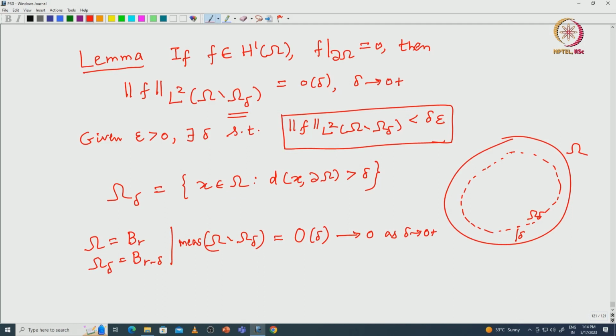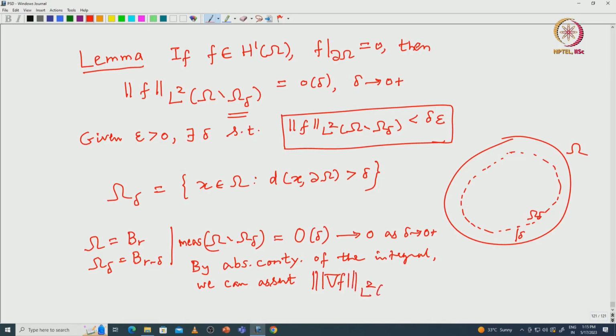However, for gradient norms, by absolute continuity of the integral, you just refer to your measure and integration, we can assert that the L2 norm of the gradient on omega minus omega delta is less than epsilon if delta is small.